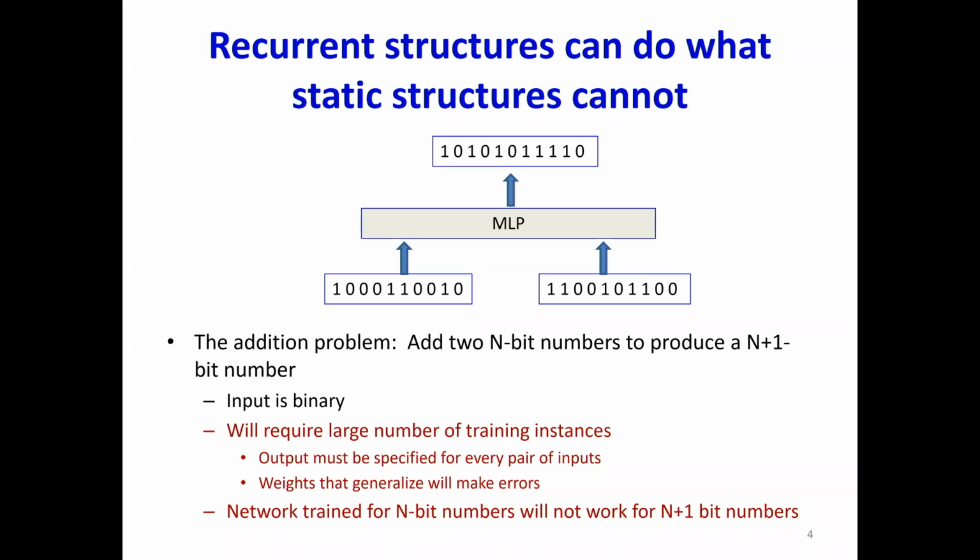Now you could sort of try to do something clever, make it deep. If the network is deep, it doesn't have to be exponential anymore. And you can still train the network, but then here's the constraint. If I trained a network to add two n-bit numbers, and it learns to generate an n plus 1 bit number, now if I want to add two n plus 1 bit numbers, can I use this network? No, because it's specialized to n-bit numbers.